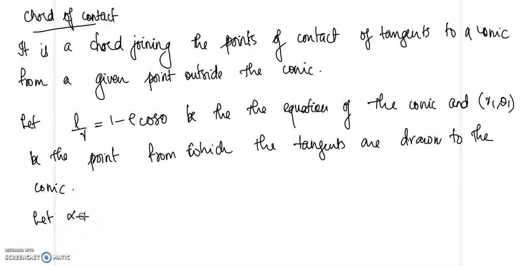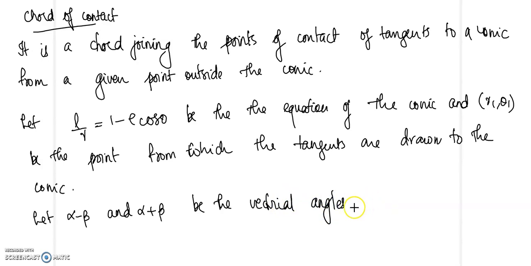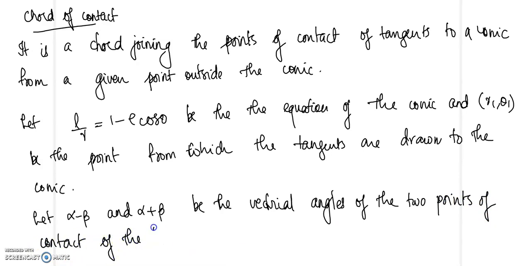So let alpha minus beta and alpha plus beta be the vectorial angles of the 2 points of contact of the tangents.